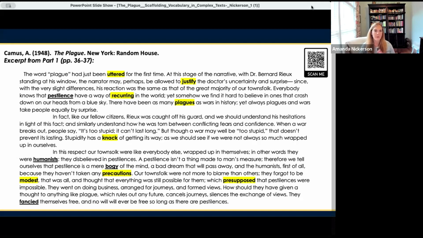And I think I want to make one point here with that word fancied too, right? Because it kind of depends on where you live, how you would categorize some of these words. In the United States, we typically don't use the word fancied to talk about the way that we think about ourselves or whether we like something. But across the pond in Great Britain, they do.